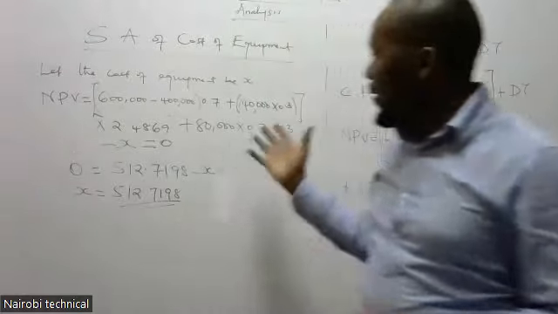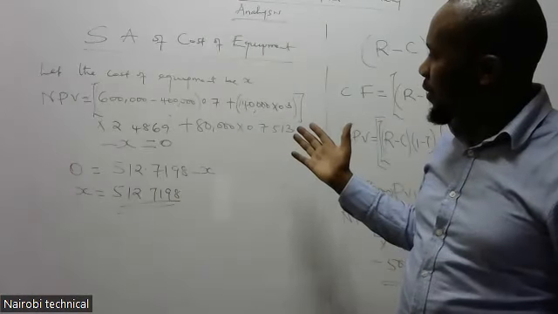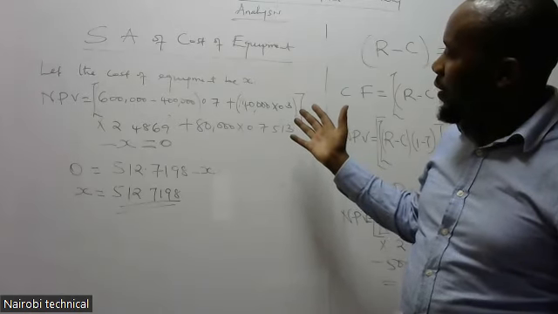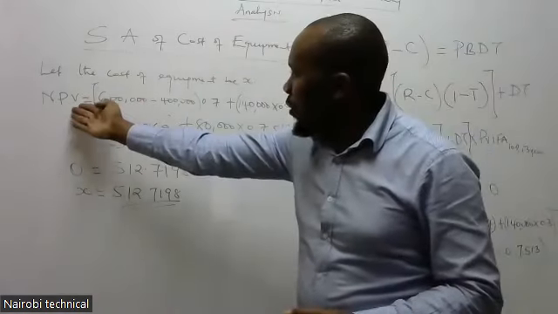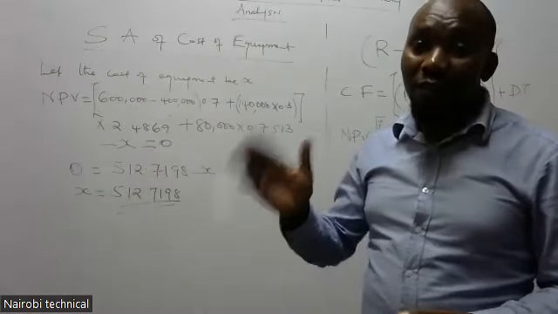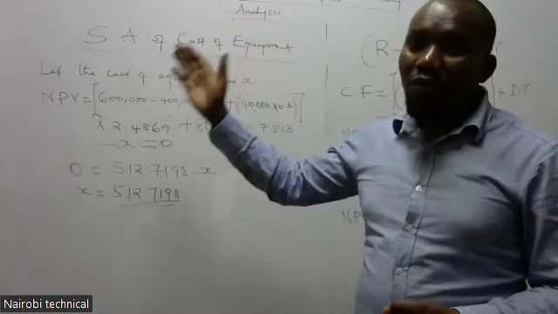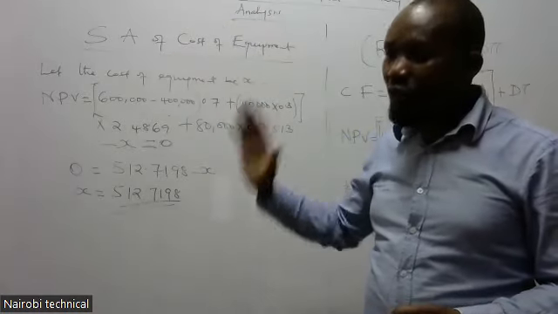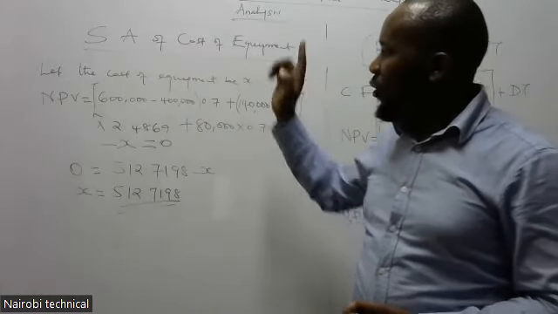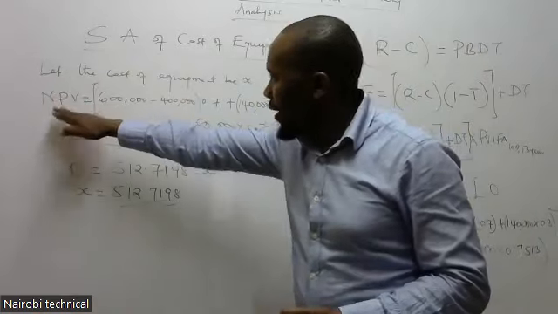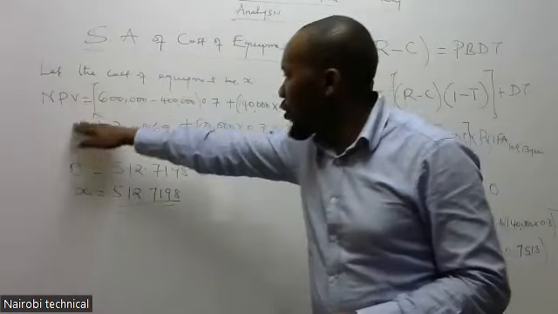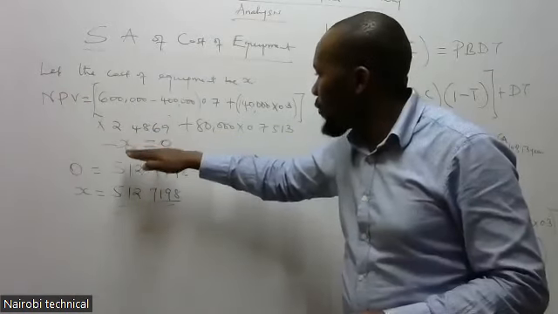We have just replaced. We are saying that we want to see, if NPV is 0, what will be the new cost of equipment? Using break-even point, NPV should be 0. So we are told to use cost of equipment in the sensitivity analysis. That is the first one. So if the NPV is 0 as required, because break-even point requires NPV to be 0, what will be that cost of equipment?